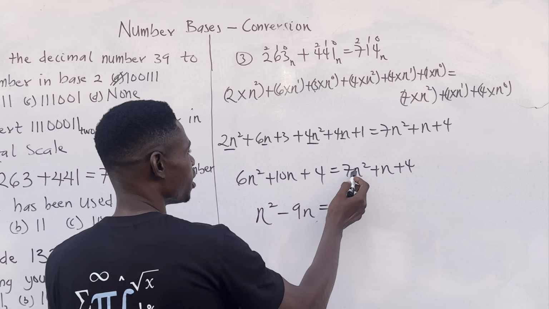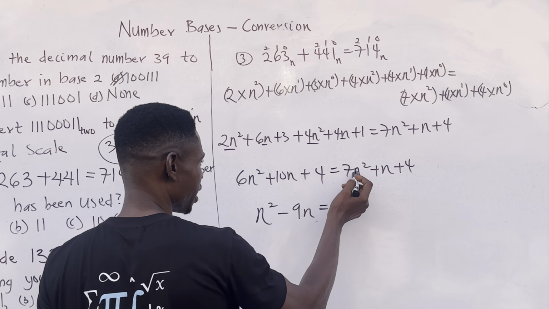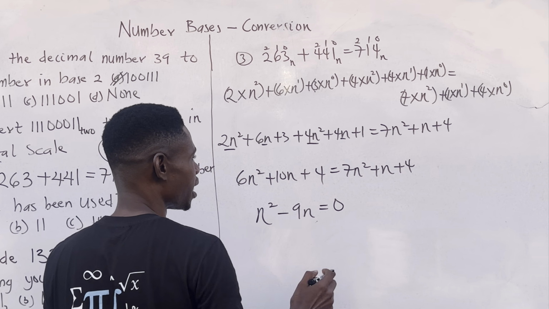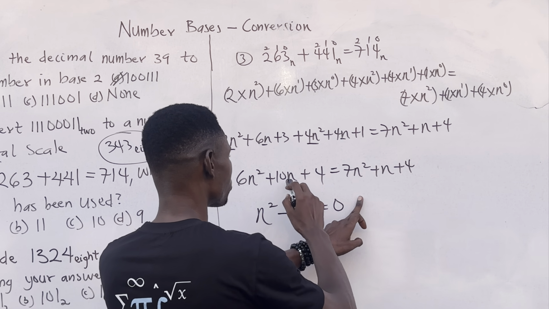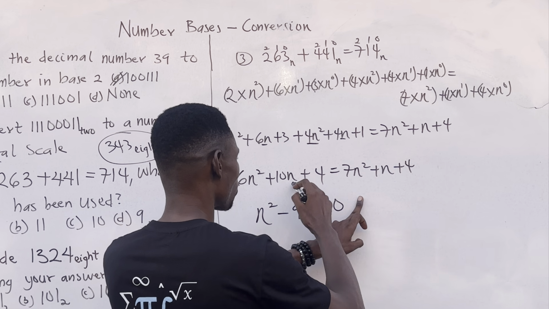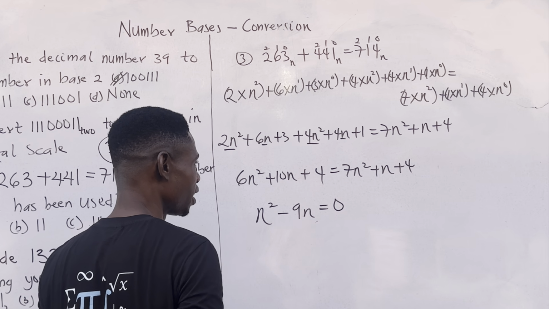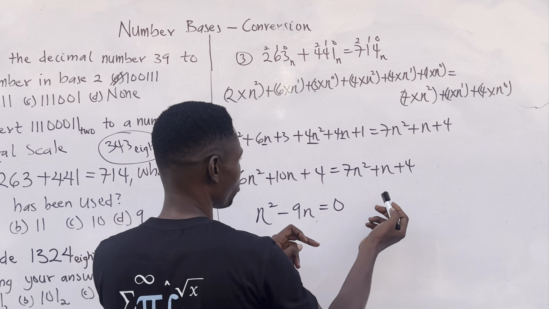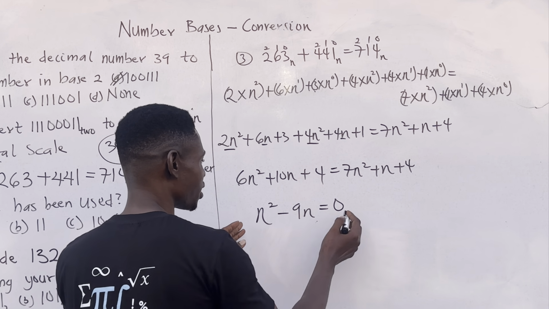So 7n squared, I brought this 6n squared this way. So 7n squared minus 6n squared, that's 1n squared, right? Now we have 1n here. This plus 10, bringing it this way becomes minus 10, right? So 1 minus 10, that's minus 9. So that's our minus 9n. Now we have positive 4. We bring it here, it becomes negative 4. So 4 minus 4 is 0. So that's how we got this.